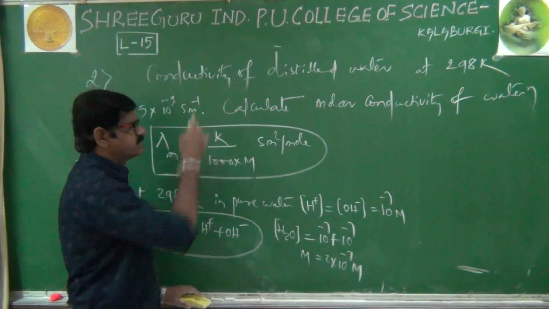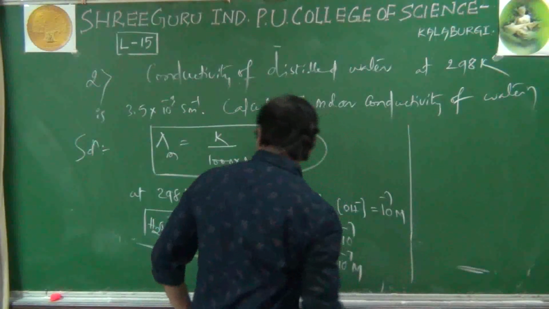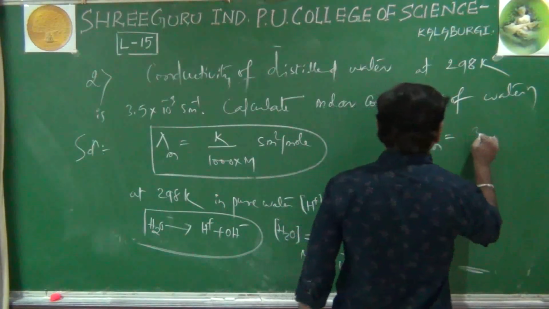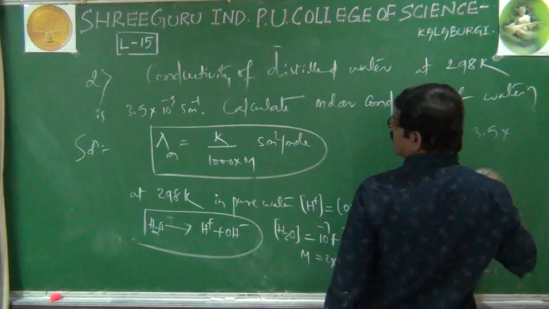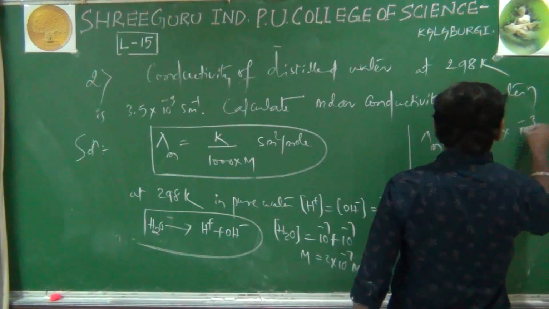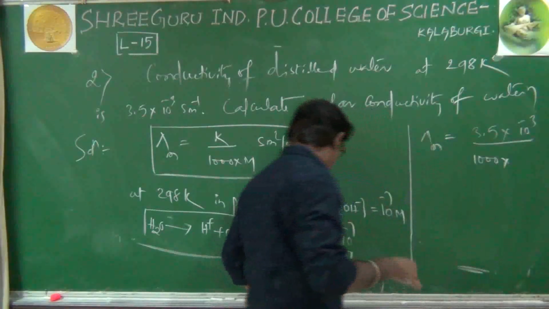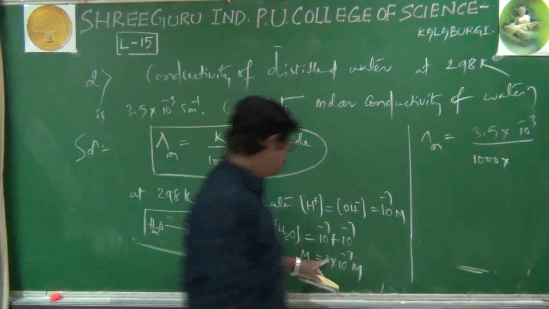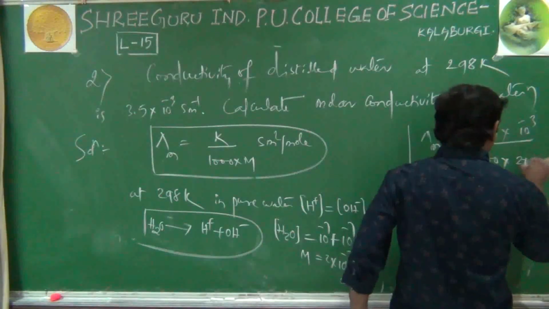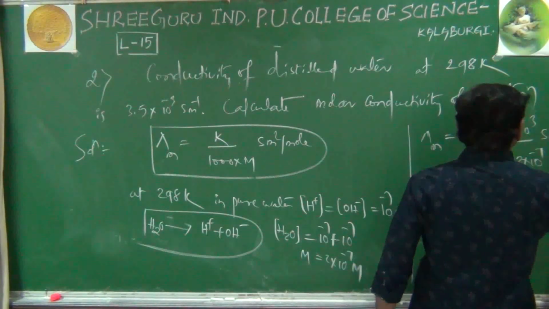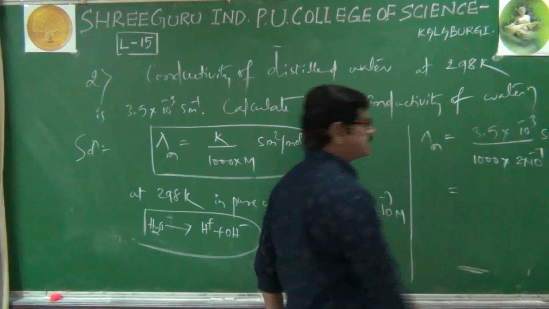Now this value we will substitute here. We will get the final answer. Therefore lambda m is equal to K, 3.5 into 10 to the power of minus 3, divided by 1000 into molarity, means we will substitute 2 into 10 to the power of minus 7, and of course units Siemens meter square per mole, because it is the SI system.